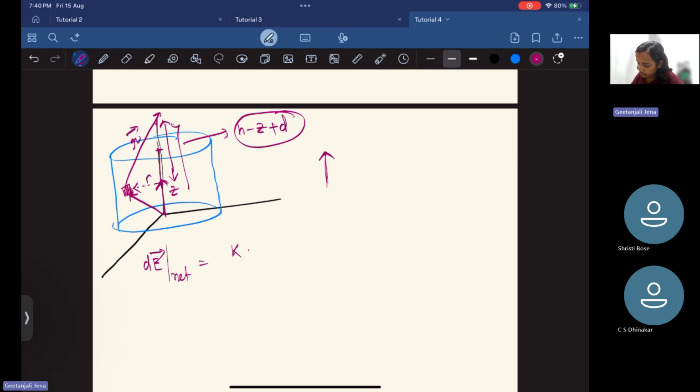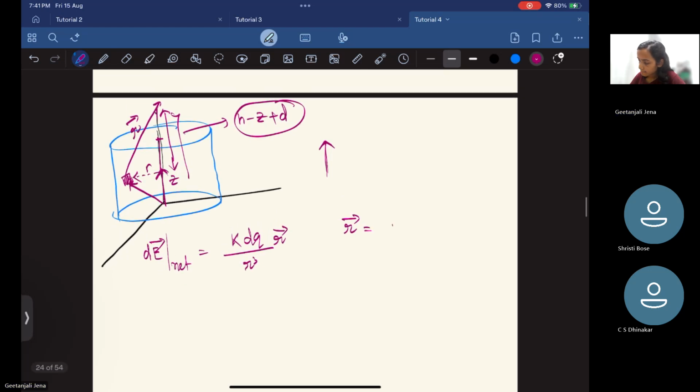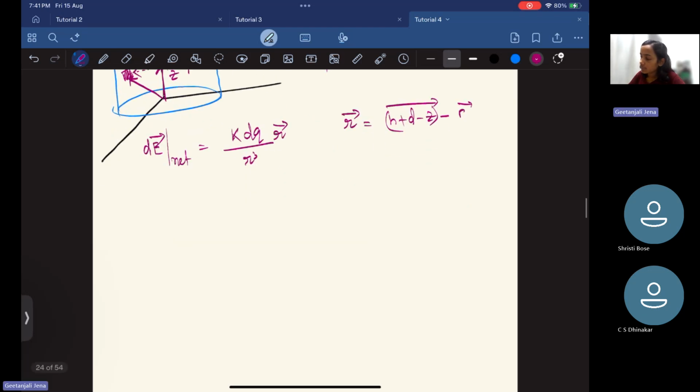So k dq by r cube times the r vector, and the r vector you can see is nothing but h plus d minus z k cap minus r, and this part will not contribute to the integration.